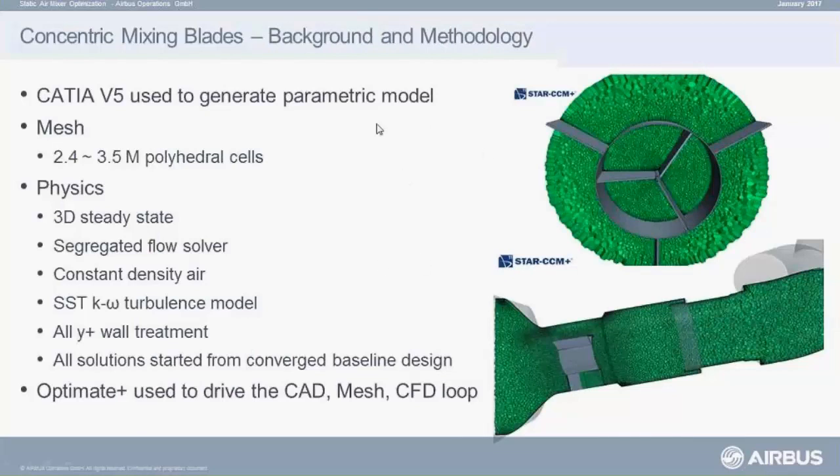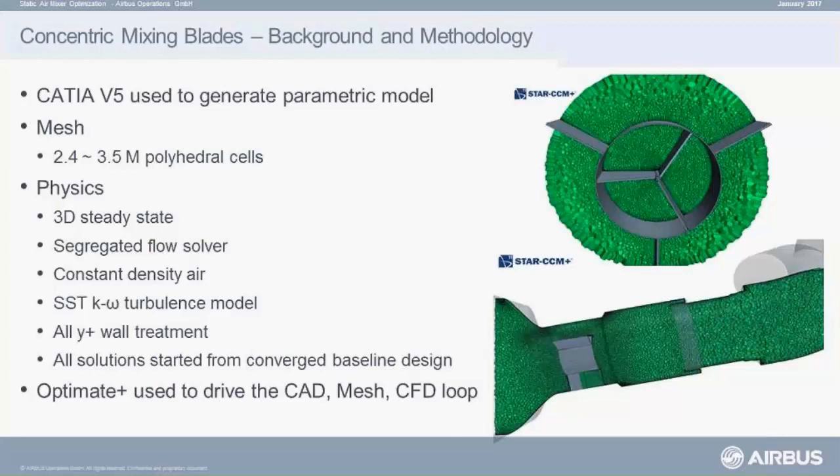Typically, for most of the cases, we ended up with a cell count of roughly 3 million polyhedral cells. The whole simulation was done steady state using a segregated solver, K-omega turbulence model, so SST K-omega. Y plus was in the magnitude of 30 to 100, so a wall function was used.